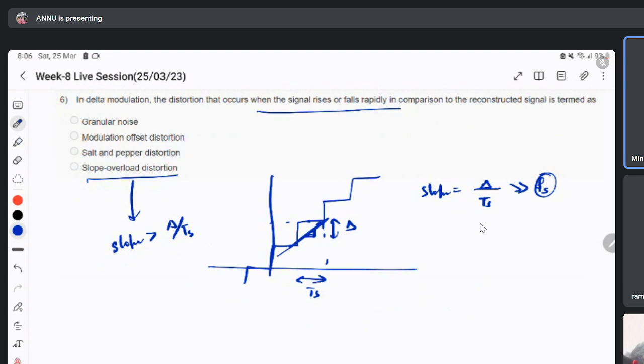Some expression was there. What are FS and TS, are they the same? Same, yeah. Something like FM by TS, or 1 by FM. Slope overload modulation.